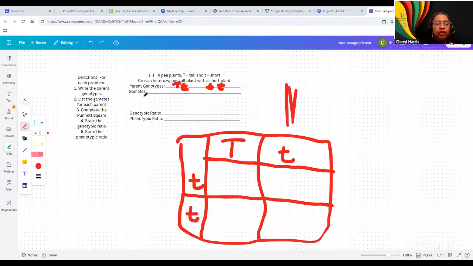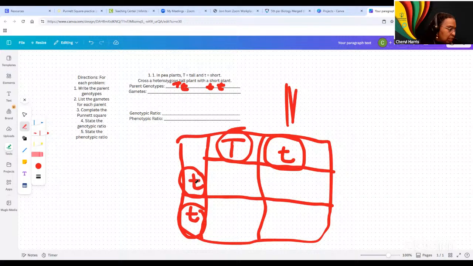As far as the gametes are concerned, you don't have to write them on the line. You can just circle in your Punnett square the fact that each of these is a gamete. Remember when we did meiosis, we said at the end of meiosis we produce 4 cells.